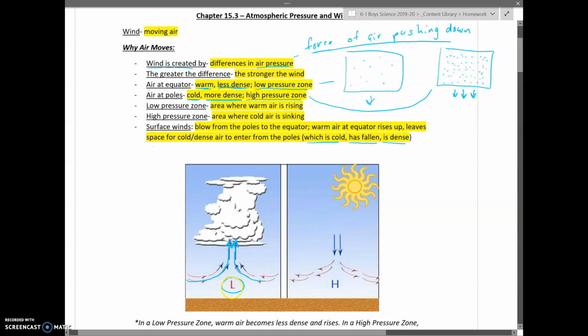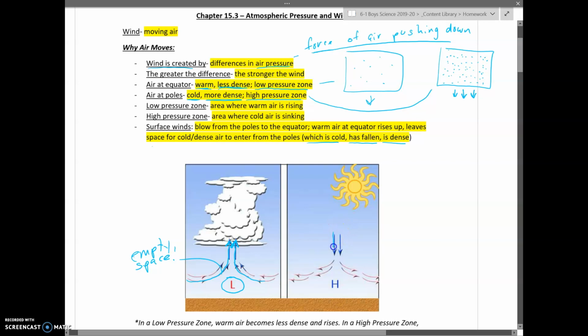Once this happens, there's going to be, for just a moment, an area of empty space where that warm air just rose up from Earth's surface. Well, nature doesn't really like an empty space, so cold air that's blowing across the Earth's surface is going to fill in that space.